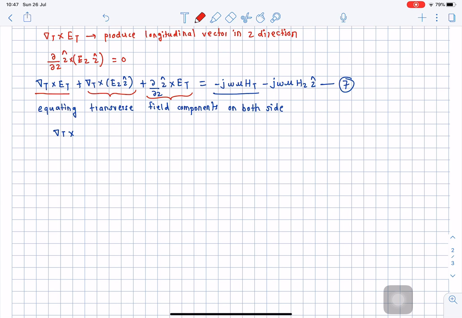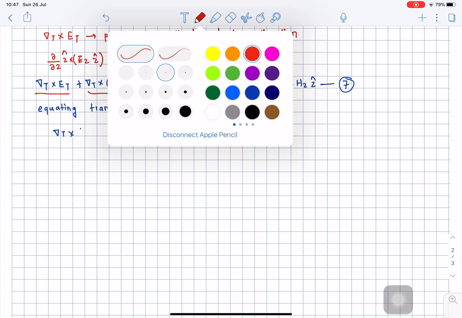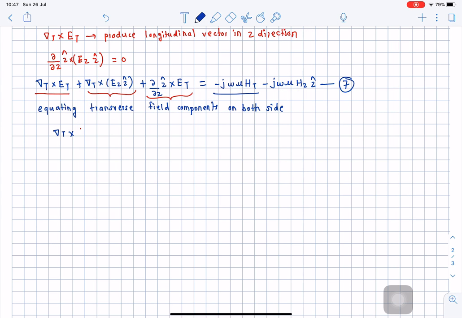I will get those bracketed terms. So this is del t cross Ez z cap, plus del by del z of z cap cross E t.